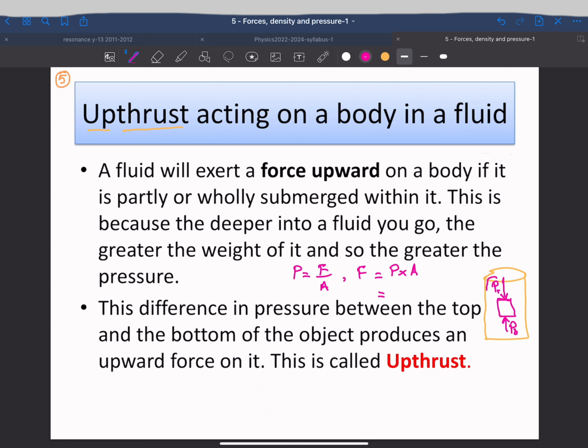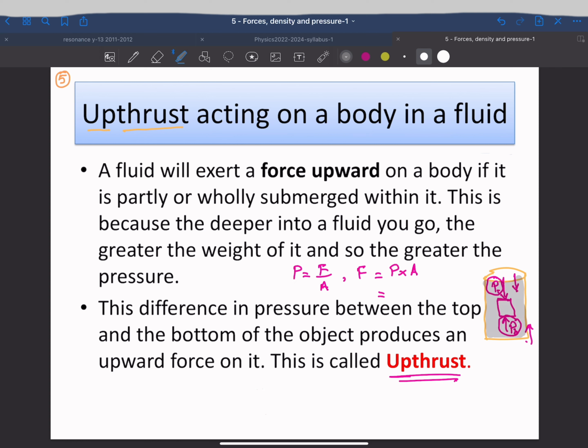Because of these pressures you will have two forces as well: the downward force and the upward force. The difference of these two forces will give us an upward force, which is nothing but upthrust. So be careful and remember that the upthrust is always an upward force. Now suppose you have a liquid instead of a gas.